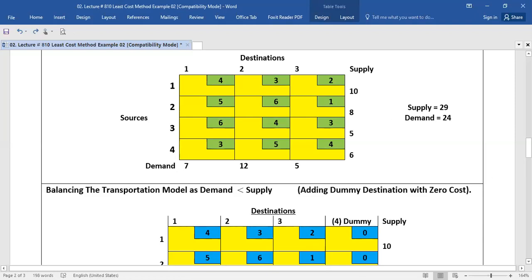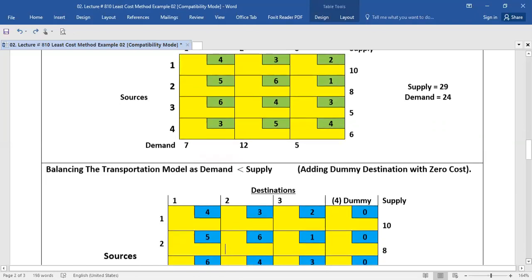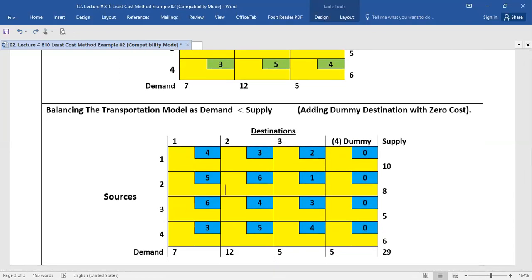To make demand equal to its supply, we will add on the demand side, which is the less side, another column and there we will put 5 to make it 29. And in this column we will put 0 cost in each cell. This is our dummy destination. So now the column is completed.